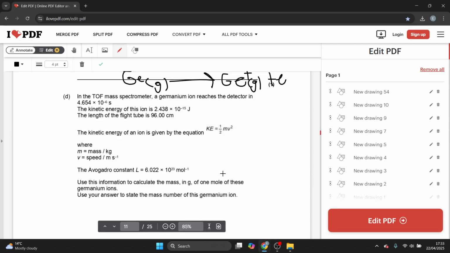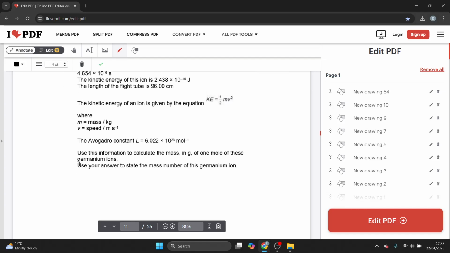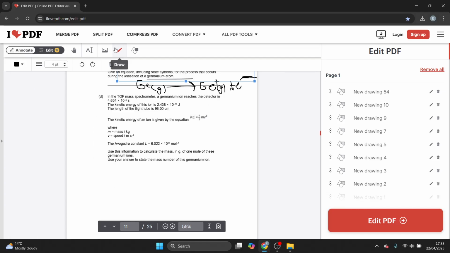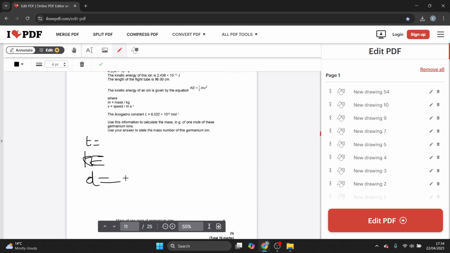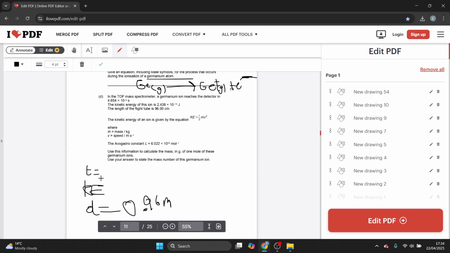Okay, but if I look at it, I've got the time, so I'm going to label this. Everything they give me, I'm going to label. I'm not going to waste time writing it down. If they've given me a distance, yep, 96 centimeters converted to meters. That's a little trick, but it's not a great trick.